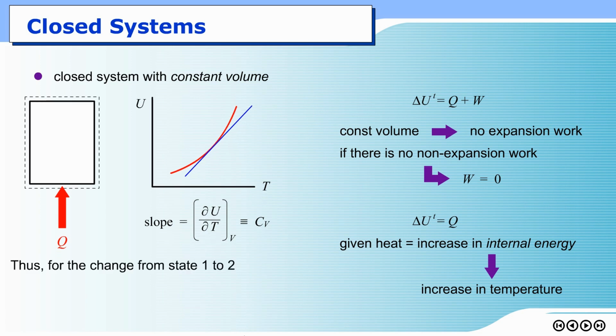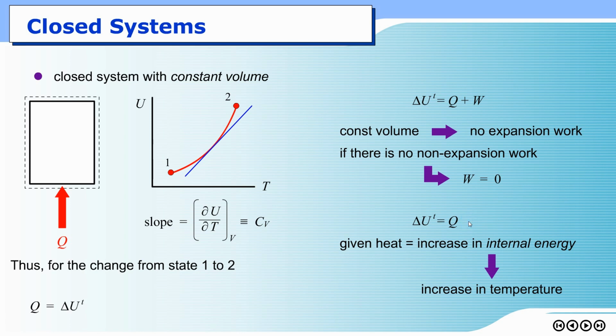So if state 1 is my initial state and state 2 is my final state after the system receives heat, for the change from 1 to 2, we can get the amount of heat from the change in internal energy from the first law.